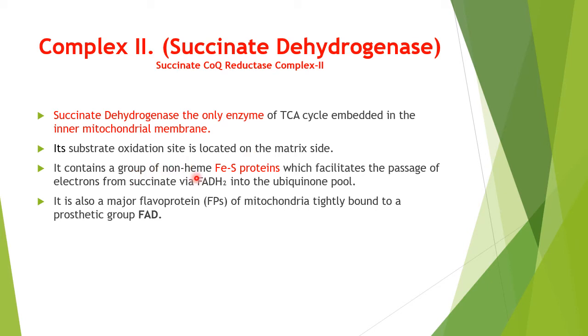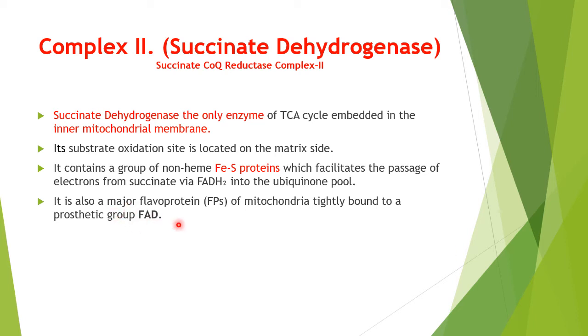It contains a group of non-heme iron sulfur proteins which facilitate the passage of electrons from succinate via FADH2 into the ubiquinone pool. And it's also a major flavoprotein, as we have seen in case of NADH dehydrogenase, but this is embedded. It's the only enzyme located within the inner membrane of the mitochondria.